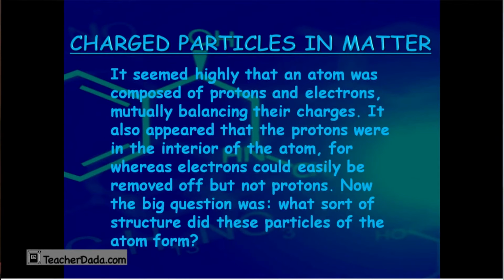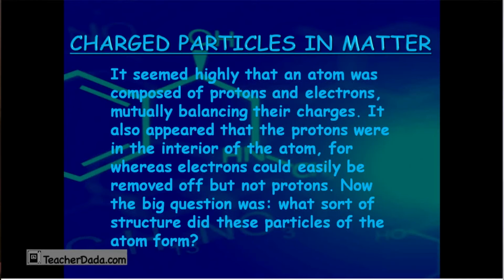It seemed highly likely that an atom was composed of protons and electrons mutually balancing their charges. If an equal number of positively and negatively charged particles are present, then they are going to neutralize or balance each other. It is very simple to understand this. It also appeared that the protons were in the interior of the atom and they cannot be peeled, they cannot be taken out.